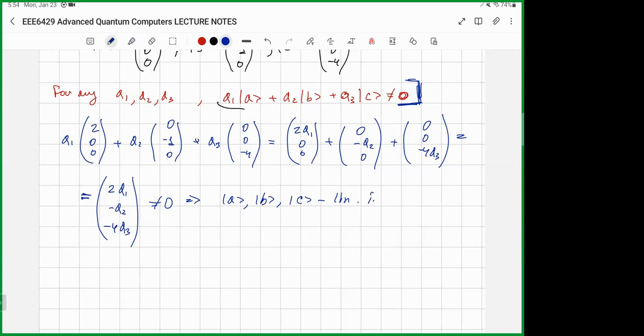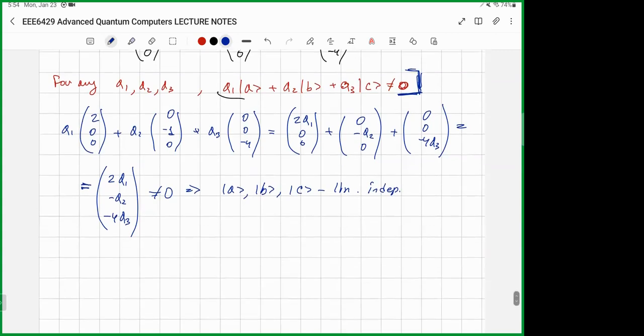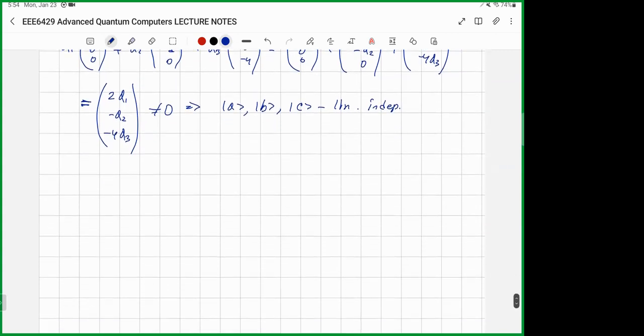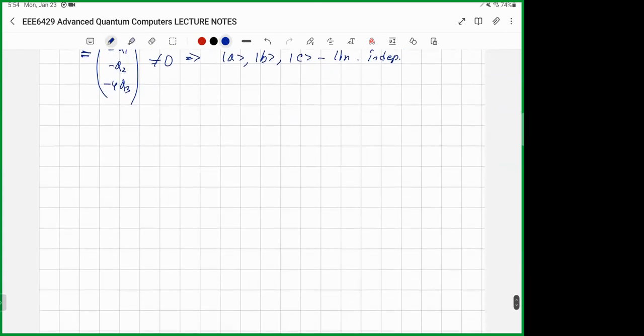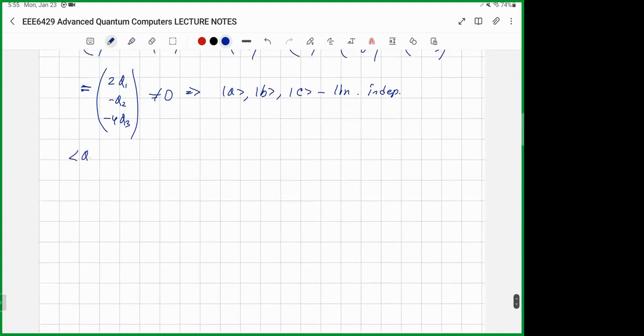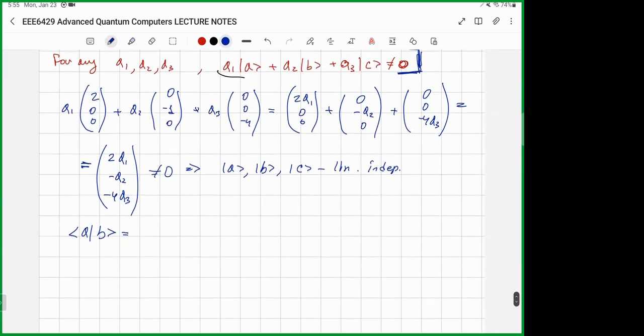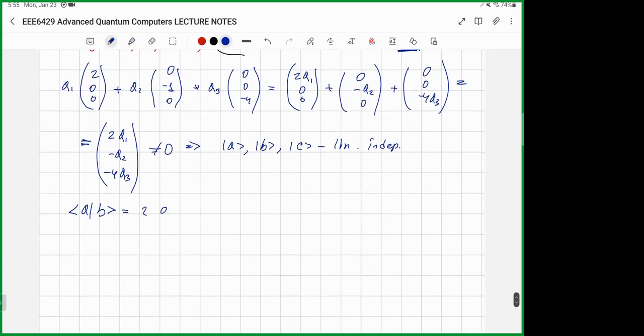They are linearly independent. That means that they are basically orthogonal, and we can use them as a basis. Let's check that they are orthogonal. For example, for this vector a and b. For the vector a, we have 2, 0, 0, and the vector b is 0, minus 1, 0.